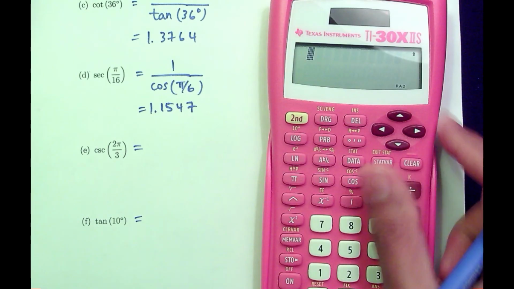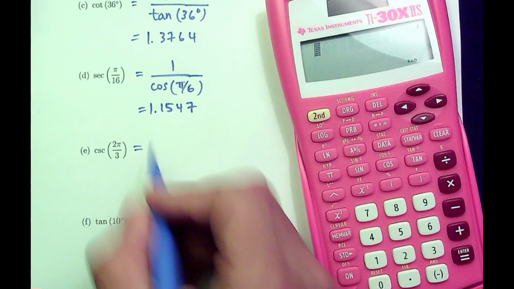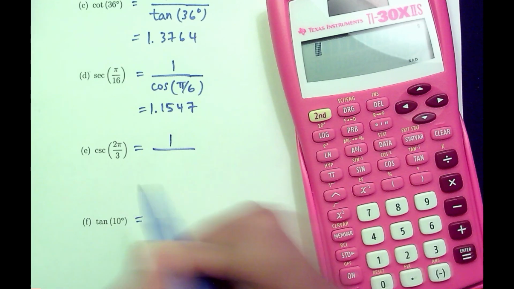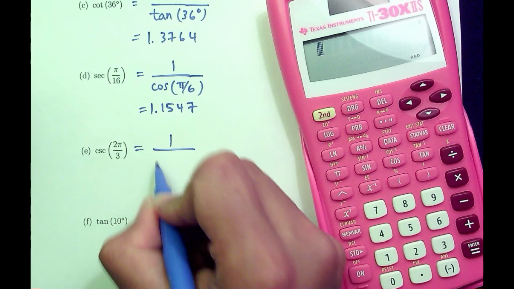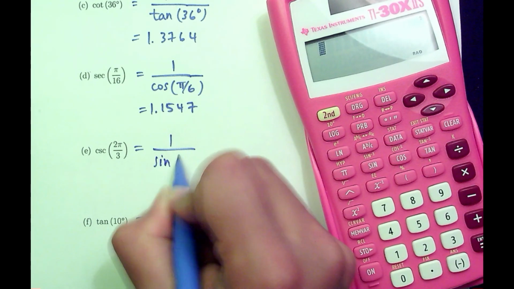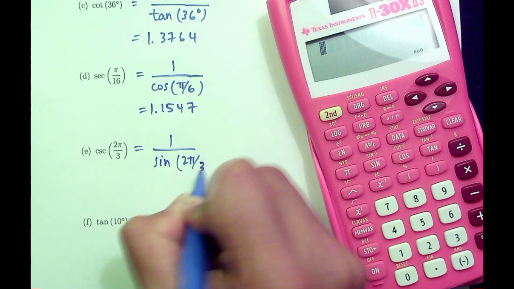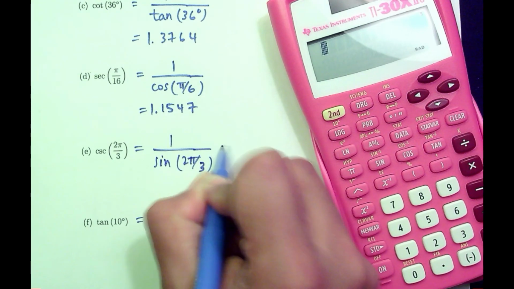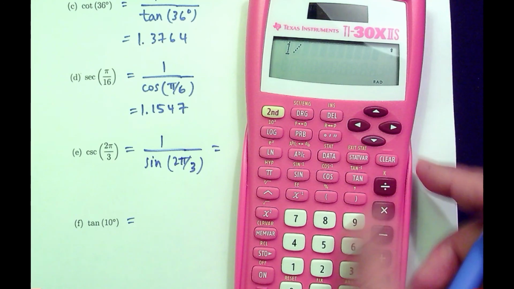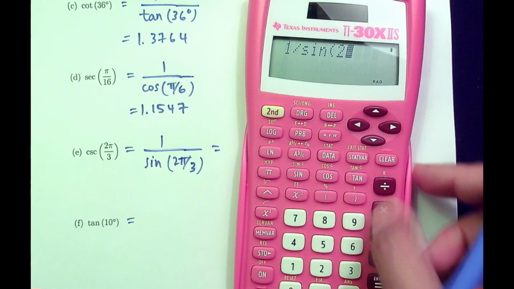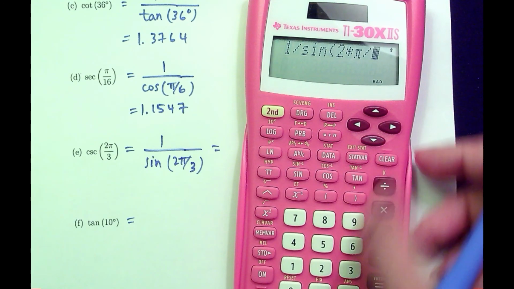I'm already in radians, so I'm good to go. There's no cosecant button, but I have to remember that cosecant is 1 over sine. So this is going to be 1 divided by sine of 2 times pi divided by 3.